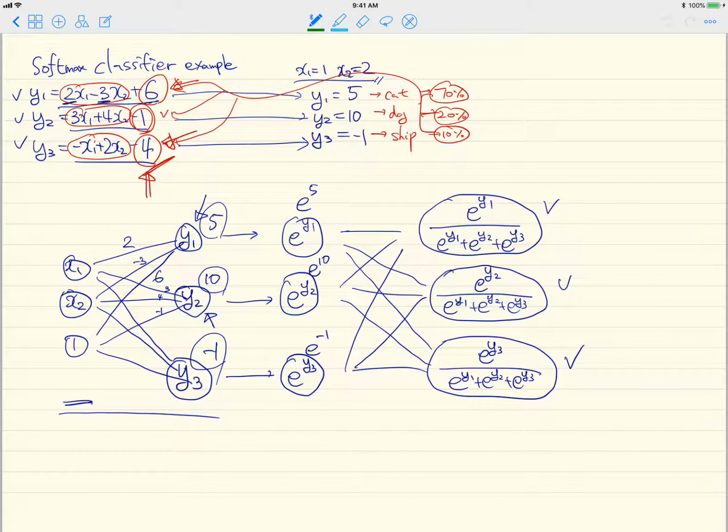An additional computational tip when computing the sigmoid or the softmax is as follows. That is more related to the softmax. Suppose we have 5, 10, and negative 1, and then e to the power of 5, e to the power of 10, e to the power of negative 1.